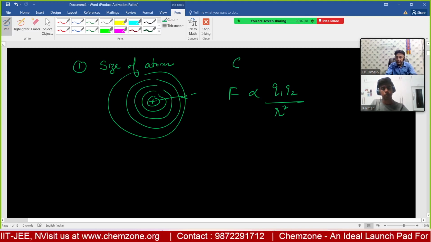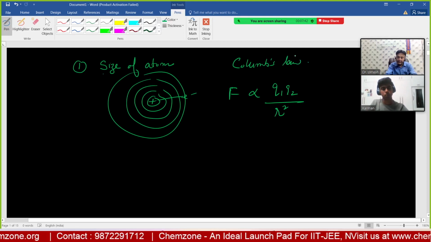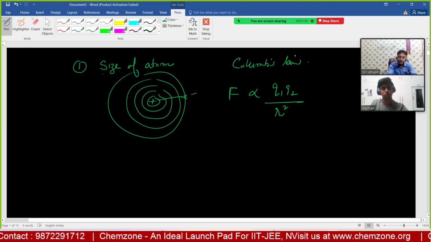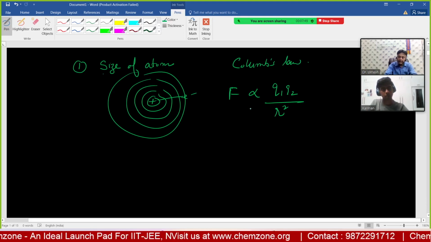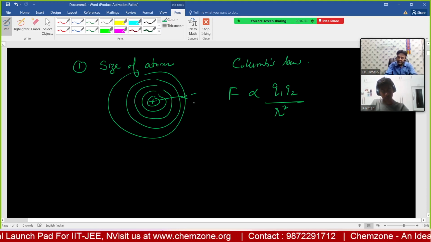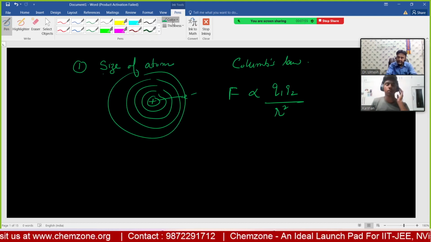This is known as Coulomb's law. Between the positive charge and the negative charge, there is some force of attraction. There is a force of attraction between the negatively charged electron and the positively charged nucleus.